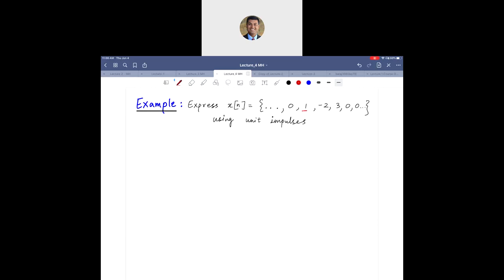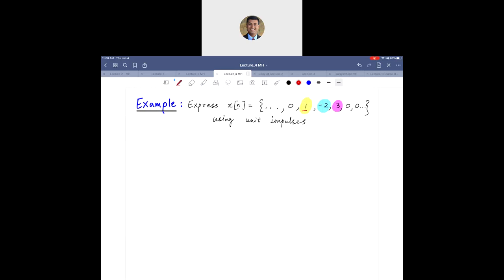So how can I do that? Well, let's do this individually. I need a 1 there at n equals 0, and I need a -2 when n equals 1, and I need a +3 when n equals 2.